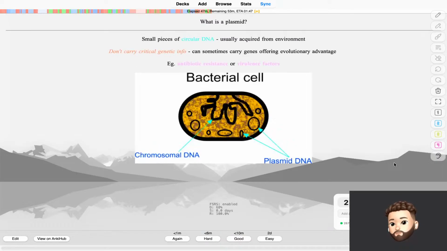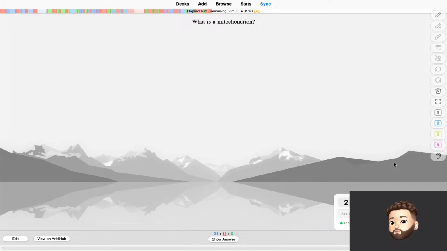What is a mitochondrion? It's a double membrane bound structure whose inner membrane has structures that allow it to generate ATP.